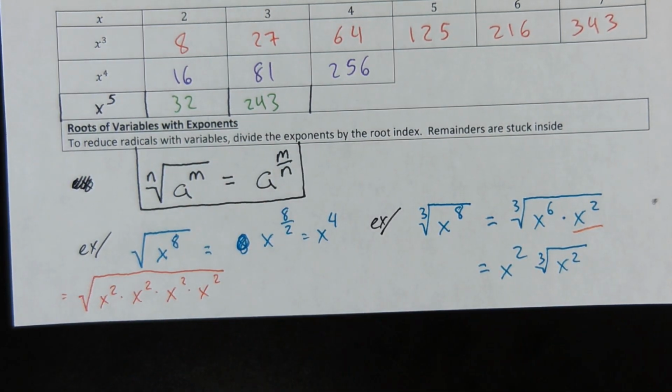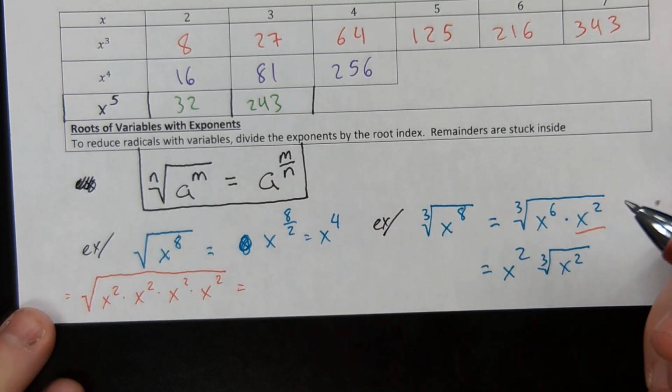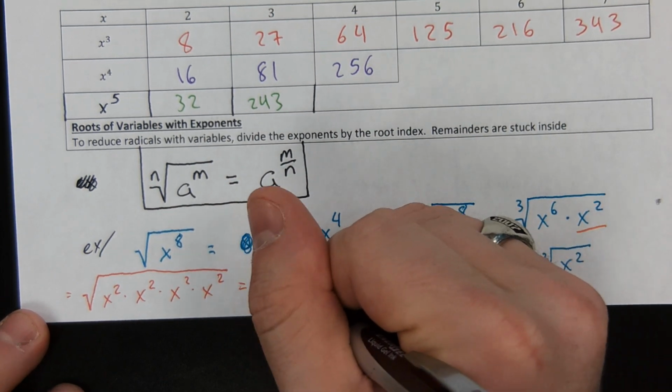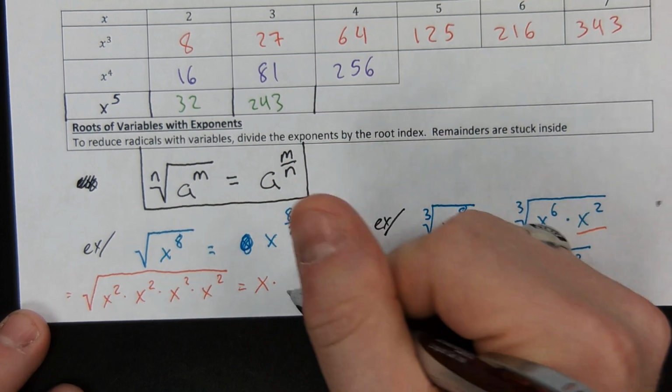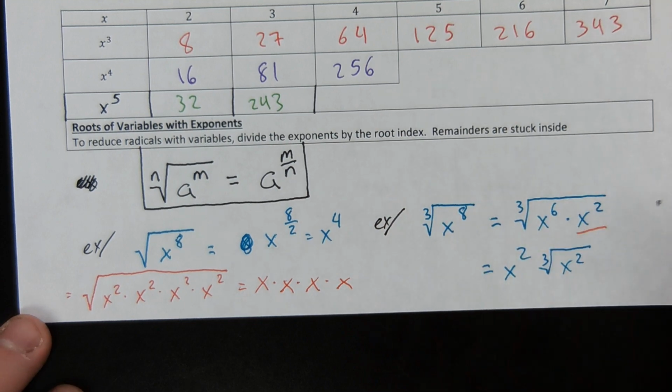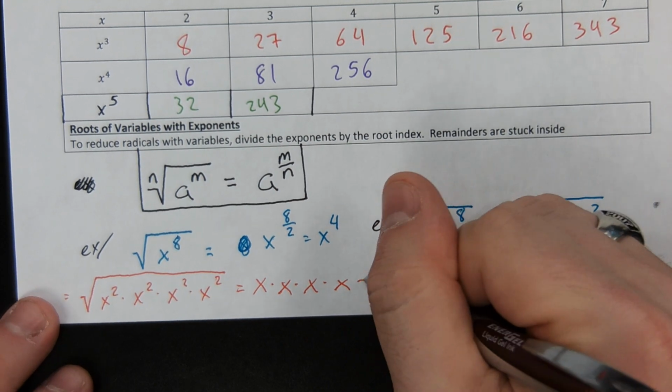Every one of those is a perfect square, isn't it? Okay. So what's the square root of the first x squared? X. What about the next x squared? How about the third one? And the fourth one? Oh, guess what x times x times x times x is?